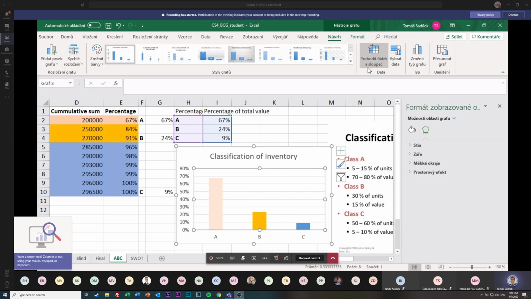If you have questions, just write them in my comments. But everybody should develop a chart like this and do the analysis of these ABC items.